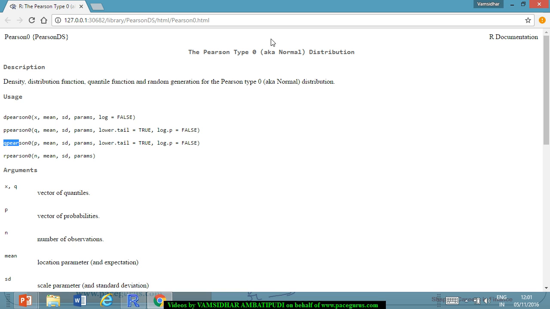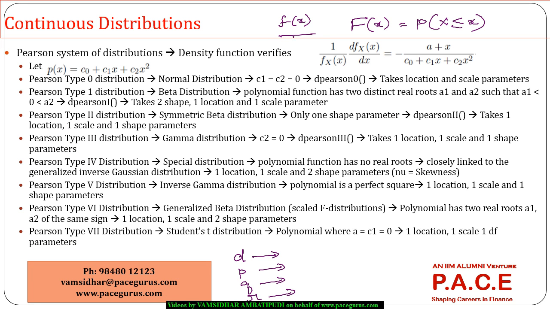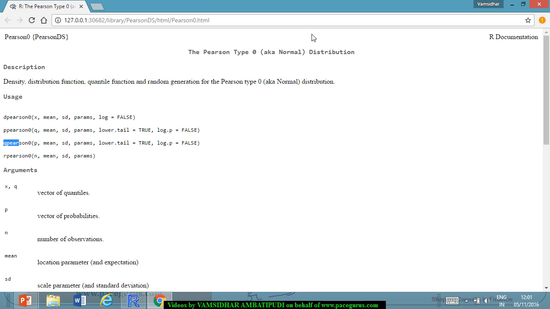For a particular probability value, it computes the corresponding value from the distribution. So that is the q, the quantile function. And r generates random numbers for the data of that particular type of distribution.